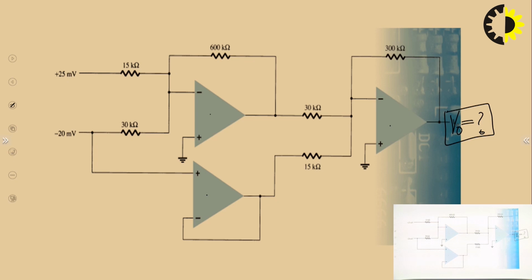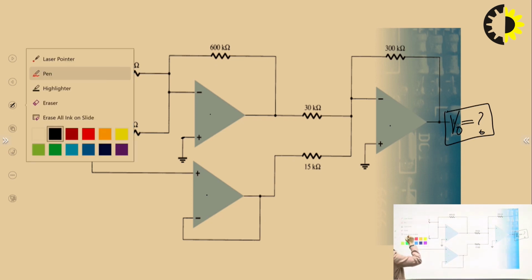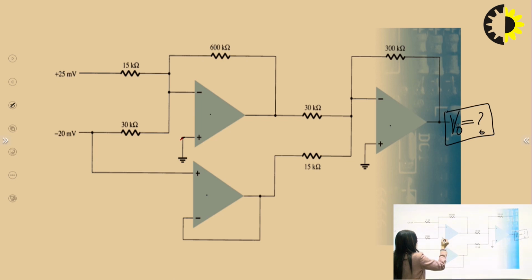As all the op-amps are ideal and we have to apply Kirchhoff's current law, we can see here the potential of this point is 0 volt. The potential of this point is also 0 volt, right? Now, if this point potential is known, I can apply KCL at this point.